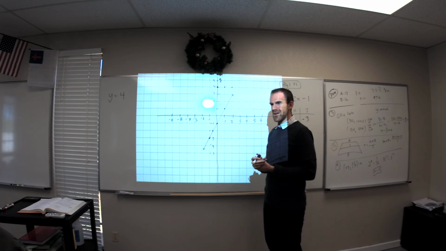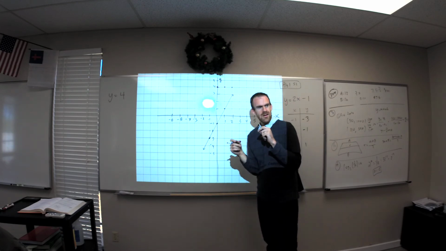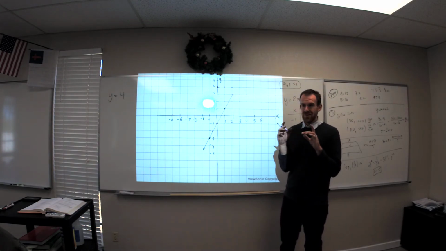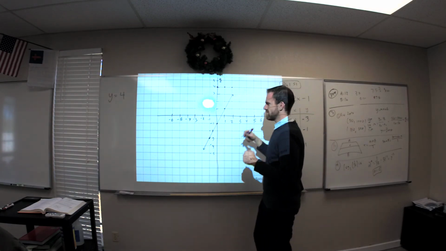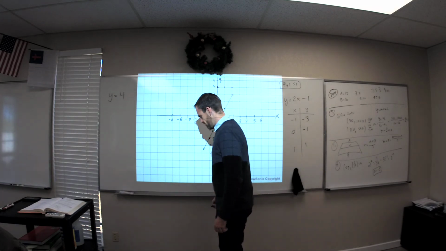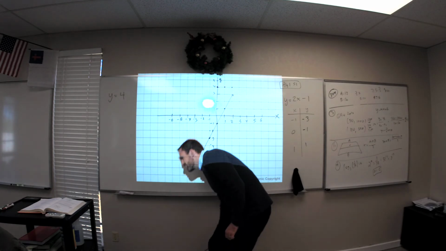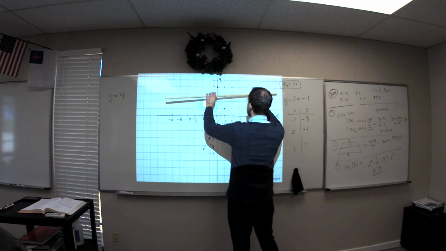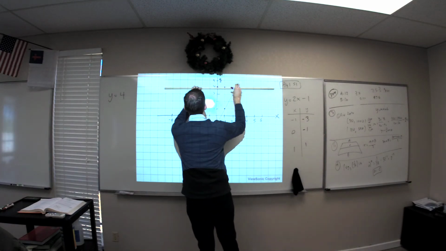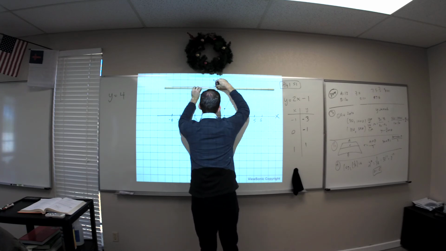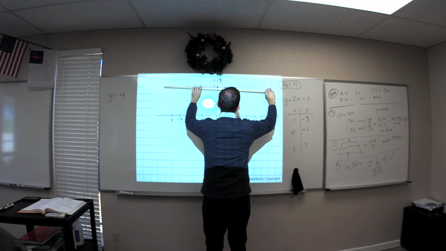Y equals 4 is a line. It is all of the points where y equals 4. It is the set of points where y equals 4, which is all of those.